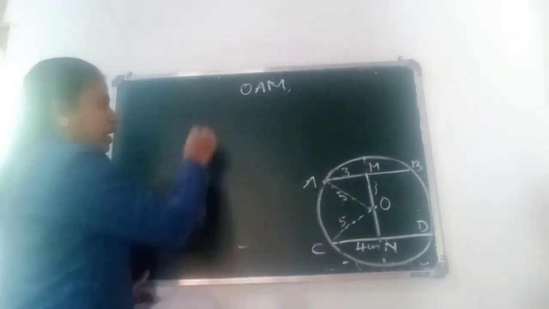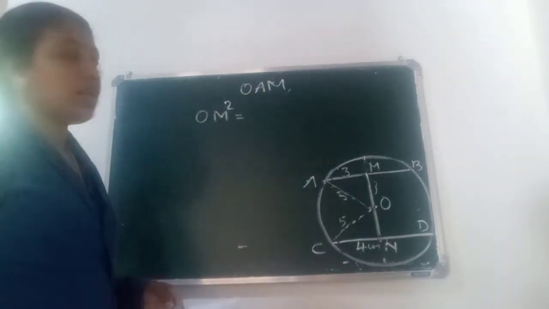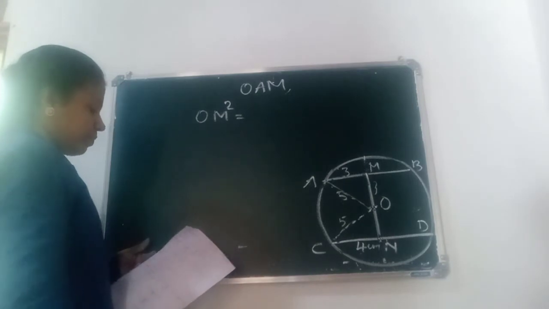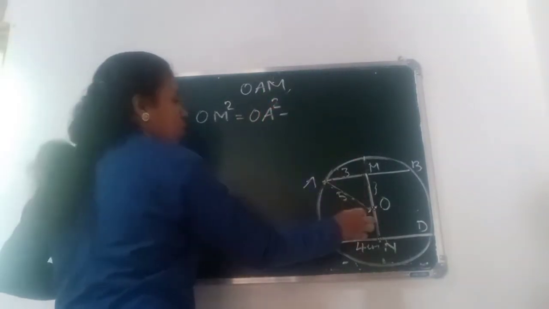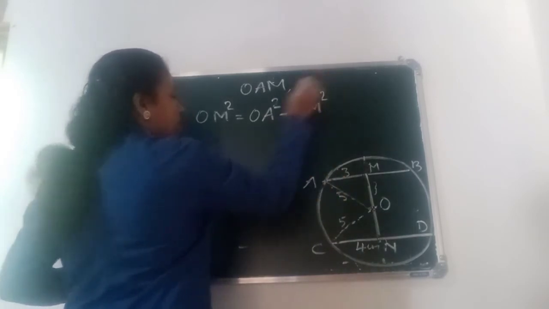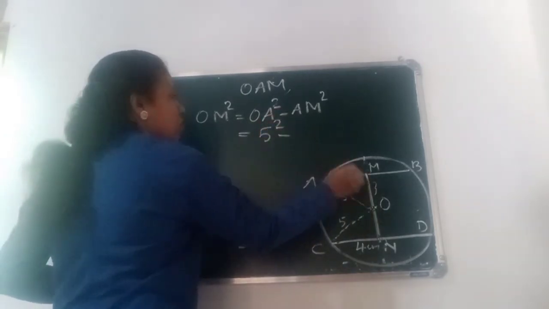So in the right angle triangle OAM, OM square equals OA square minus AM square. That we know. OA equals 5 square, AM equals 3 square.